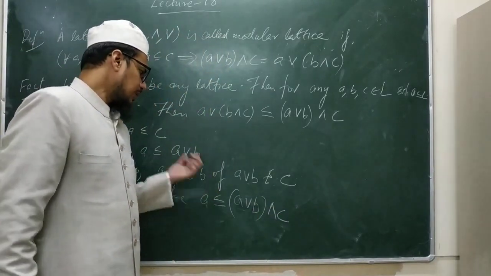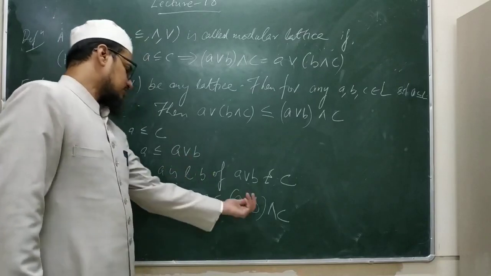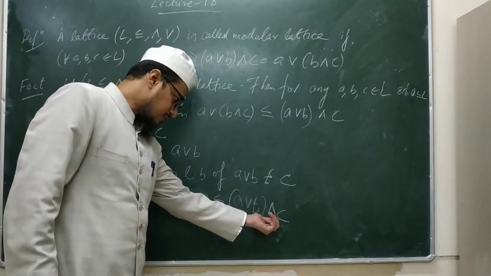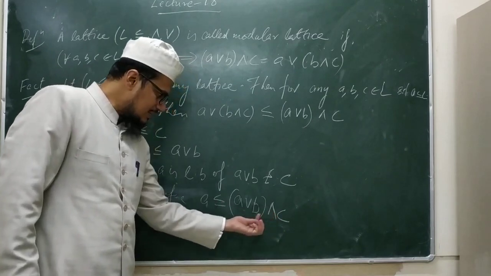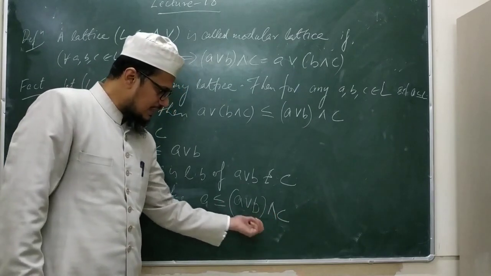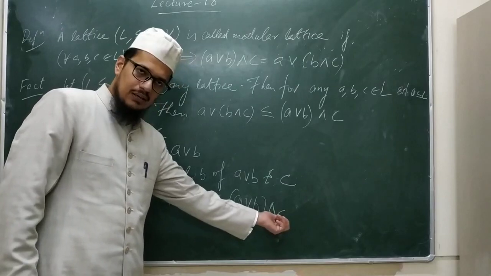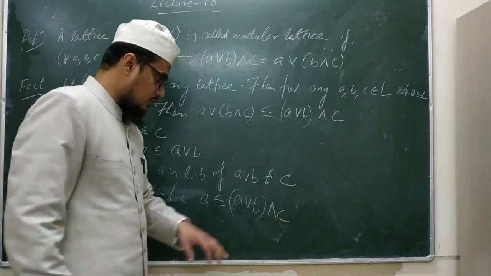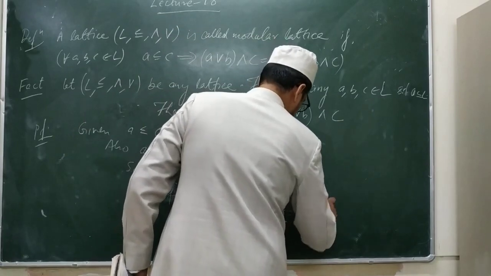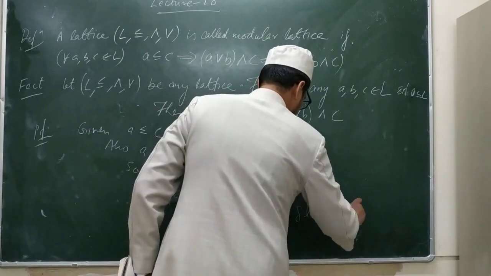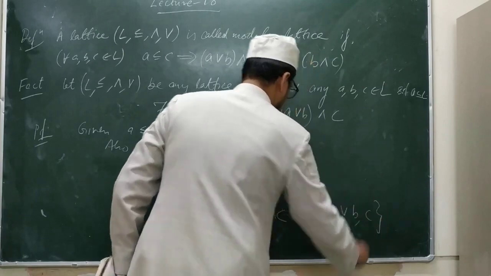See, what does meet represent? Meet represents the greatest lower bound. This is basically the greatest lower bound of A join B and C, correct?